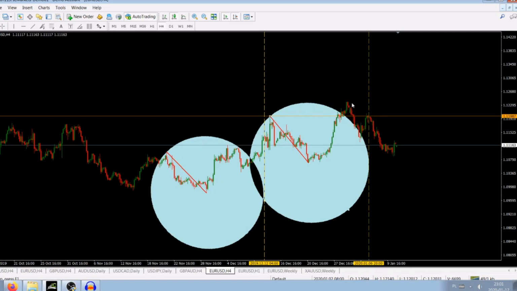So as you see, the market started falling. It went to touch the circle, came back, and in the place where the circle ends, the market reversed here. It's cute, isn't it?